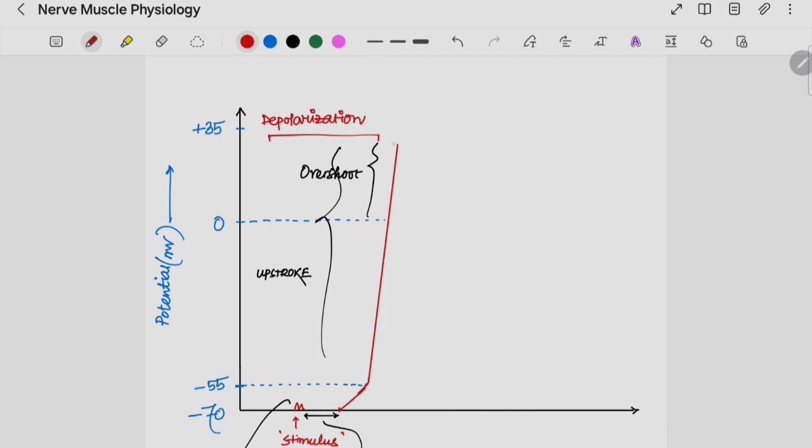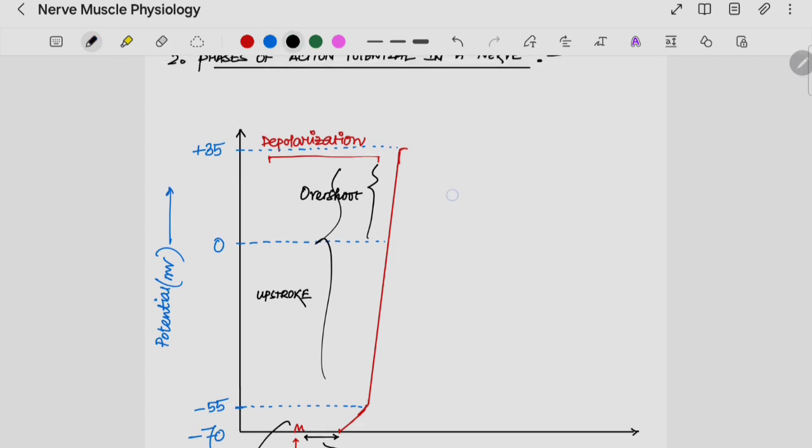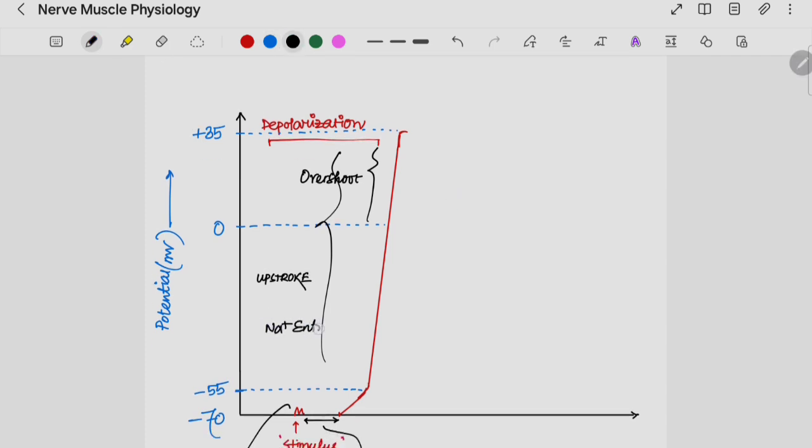It ends at plus 35 millivolt. In depolarization, we see a massive rise in intracellular positivity due to massive sodium entry into the cell. So the main feature is the sodium entry into the cell by voltage gated sodium channels.